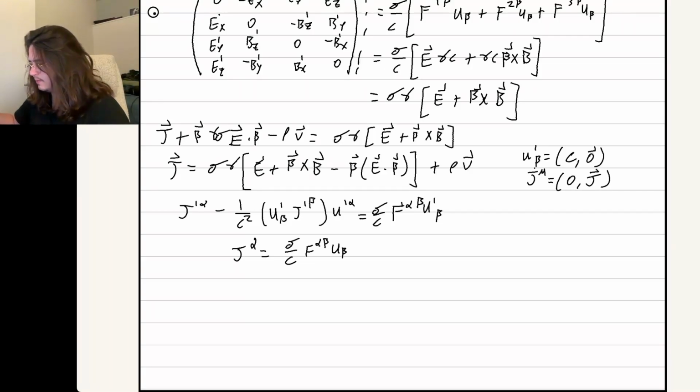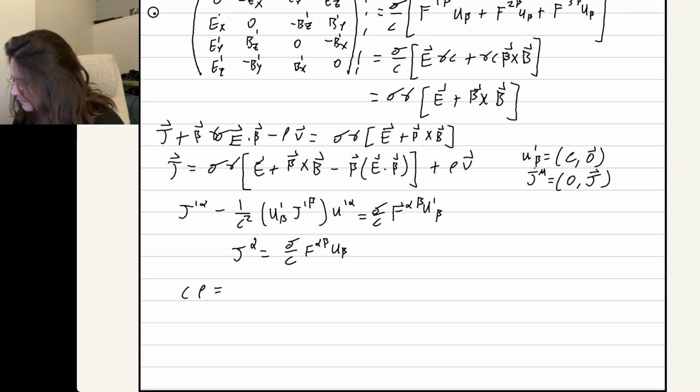And so just looking at the time component of this, we're going to have c rho equals sigma gamma, and then we already kind of did the time component of this before, actually. So it's E dot beta for that. And we can rearrange that to be rho equals sigma gamma over c E dot beta.